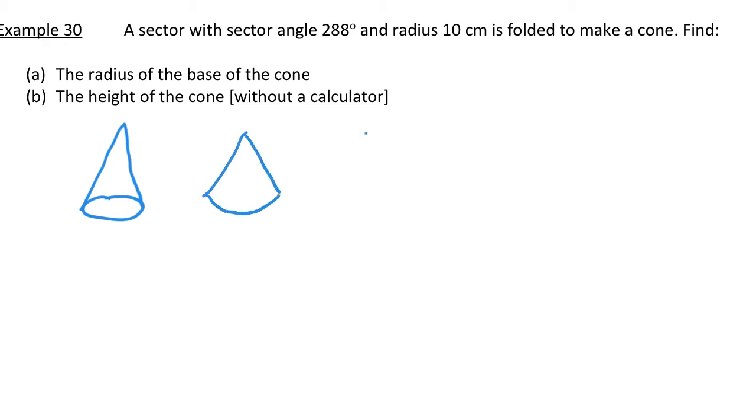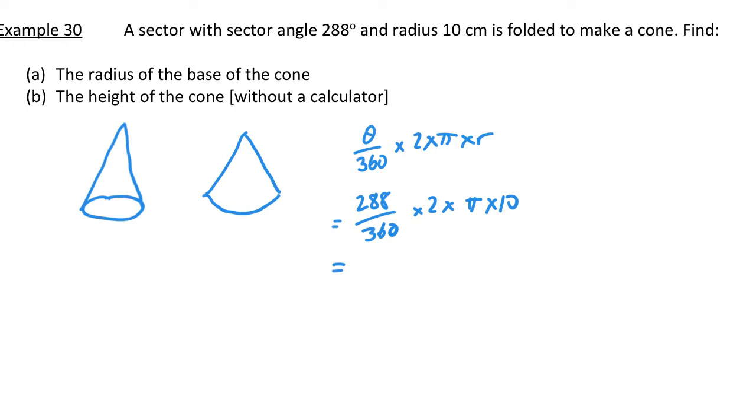So the arc length of the sector was theta over 360 times 2 times pi times r. So that's going to be 288 over 360 times 2 times pi times 10. And that works out to be 50.265.